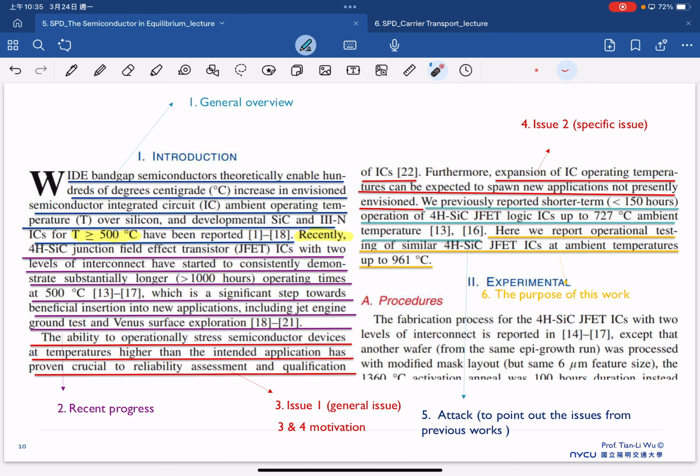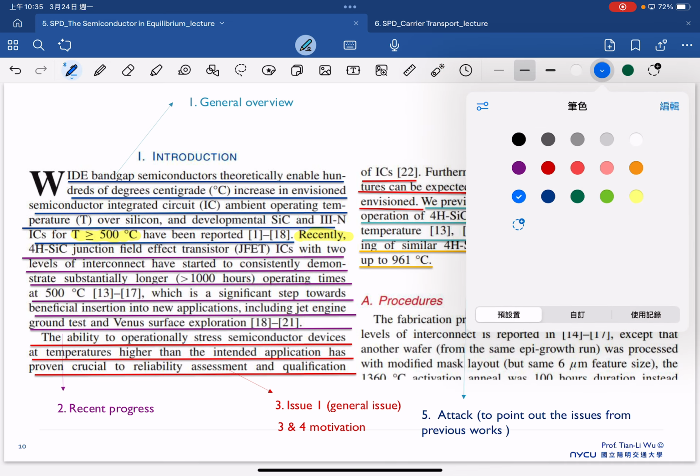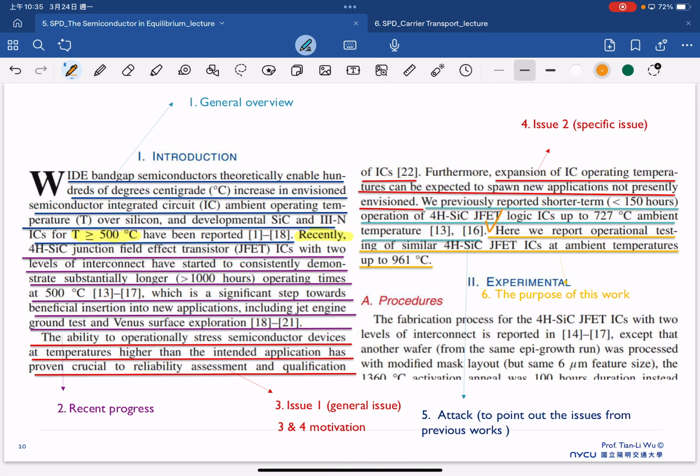That's the literature they built on. But now the last one is the main purpose of this literature. In this paper, they report the test of the silicon carbide JFET up to 961 Celsius degrees.